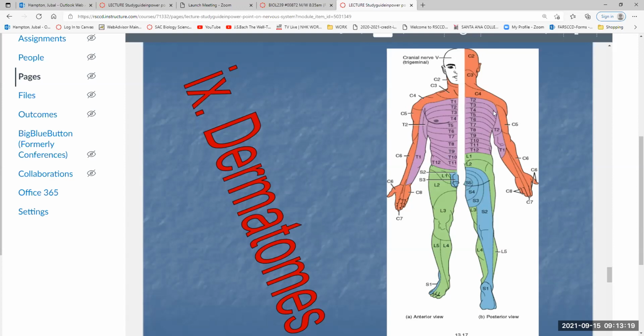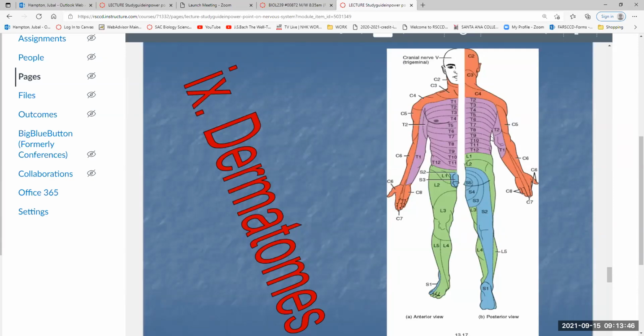And this is the patch of body over which this spinal nerve has control, has innervation. So on your posterior elbow, that patch is governed by T1. Just superior to that area is governed by T2.